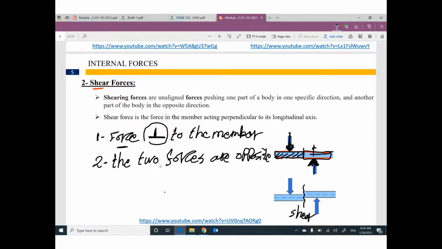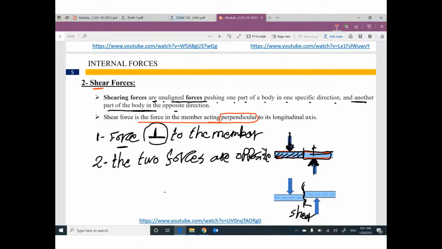We must have opposite forces, one coming up and one coming down, to expect this shear. So shearing forces are aligned forces pushing one part of a body in one specific direction and another part of the body in the opposite direction. The shear force is the force in the member acting perpendicular.